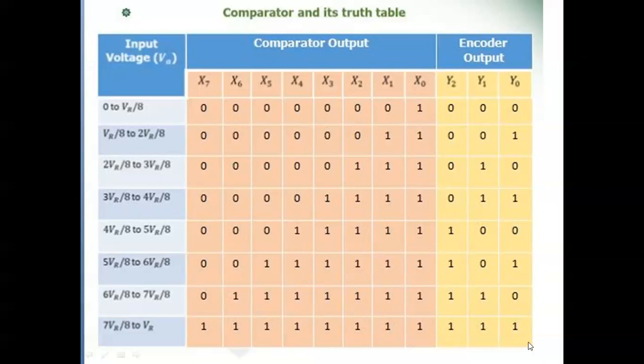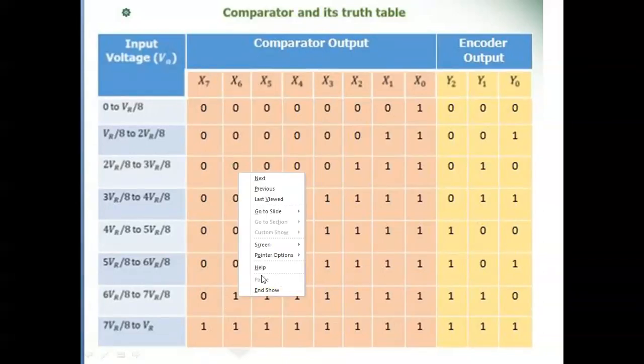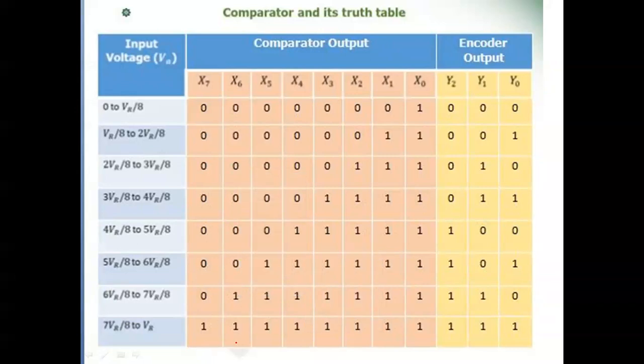When X7 is there, the equivalent binary for X7 is 111. The highest bit, the MSB, is X7, so that equivalent binary will be the output.